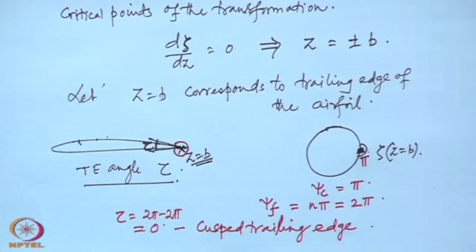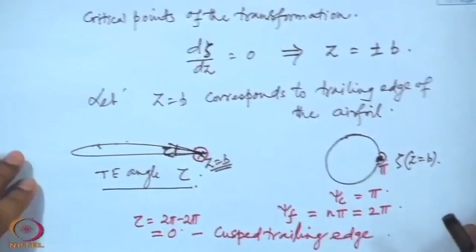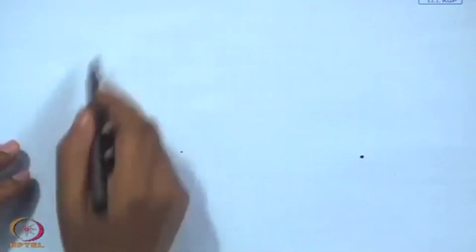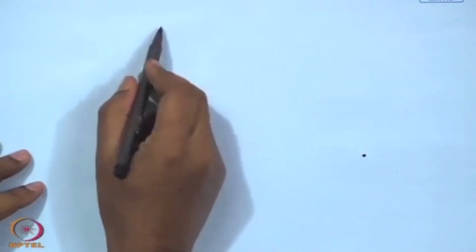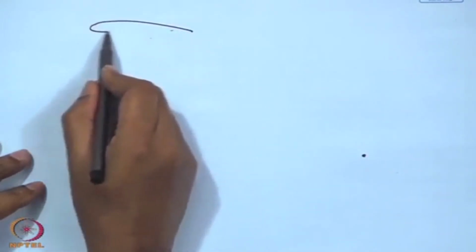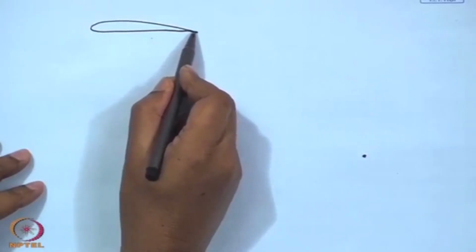Unfortunately, however, all practical airfoils have non-zero trailing edge angle. With a clasped trailing edge, what will the airfoil look like? The airfoil will look something like this. The two sides, upper surface and lower surface, are tangential near the trailing edge.